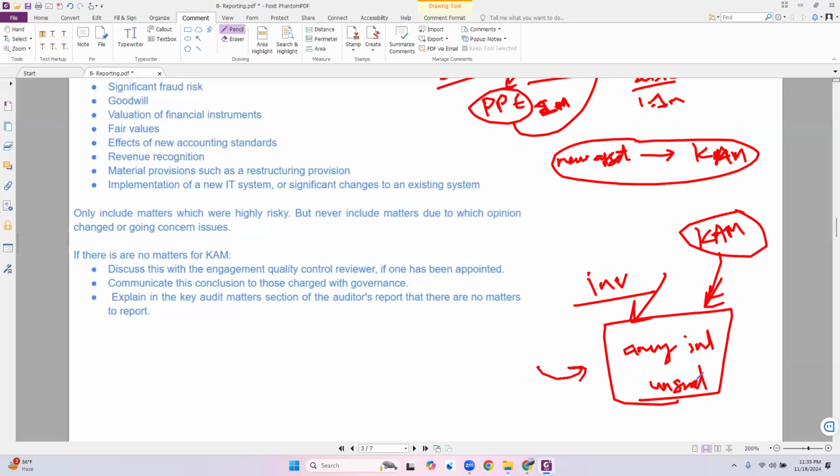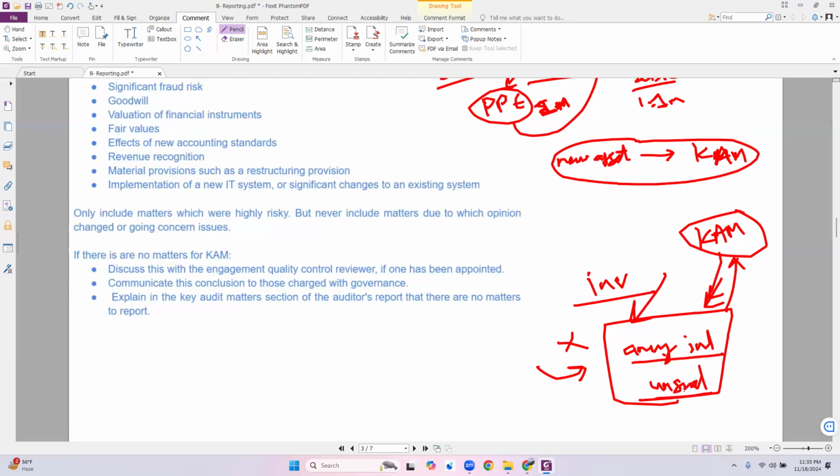Remember this statement: anything new that is unusual is included within CAM. Every single year I'm buying 15, 16, 17,000 new mouse to sell to my customers. Would that be included within CAM? Obviously no, because yes, that is new, but it is not unusual.